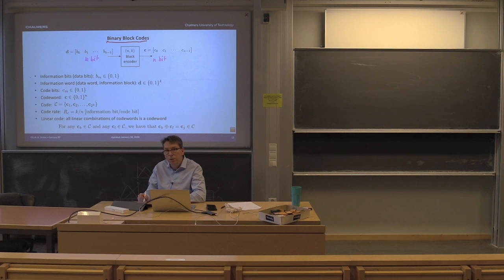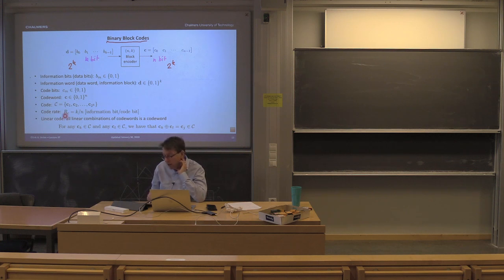Possible different inputs. We have k bits. How many inputs do we have? 2, because it's binary, and k, right? 2 to the power k. These are the number of possible inputs. And since the block encoder here is just a translation device, the number of outputs is also 2 to the power of k. We can put all the possible outputs into a set, and that is what's known as the code or the code book.